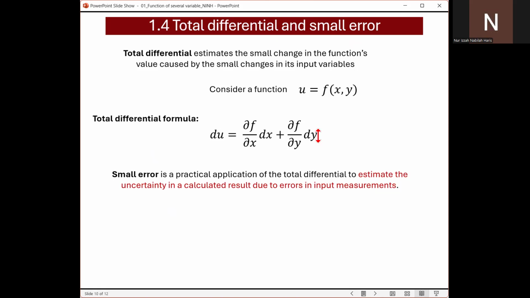So in any function, u is always the output, and the independent variable here is always the input. So if we have the errors of the input variables, error of x, error of y, using this formula, we can find the error of output variable u.